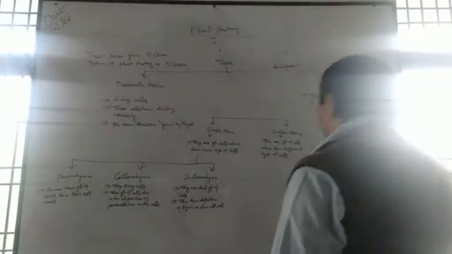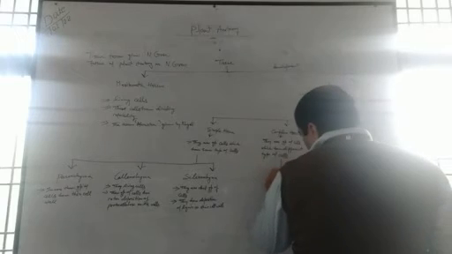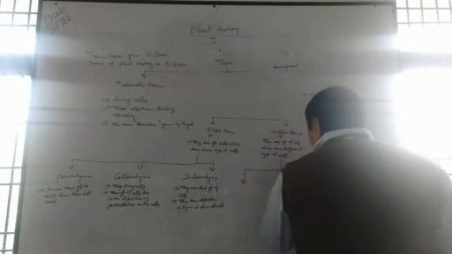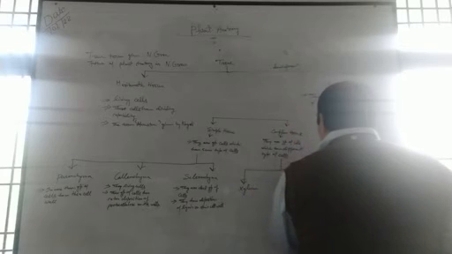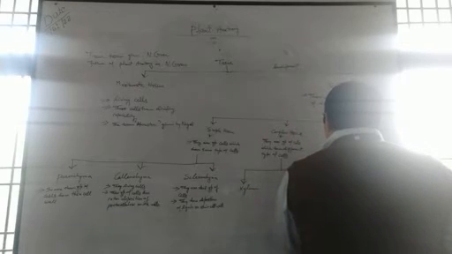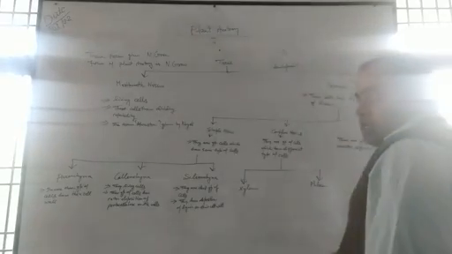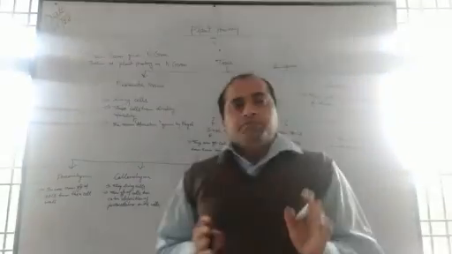In the case of complex tissues, these are basically two types. Number one is xylem and number two is phloem. As we know very well the main functions of xylem and phloem, we have been studying them since classes 8 and 9.